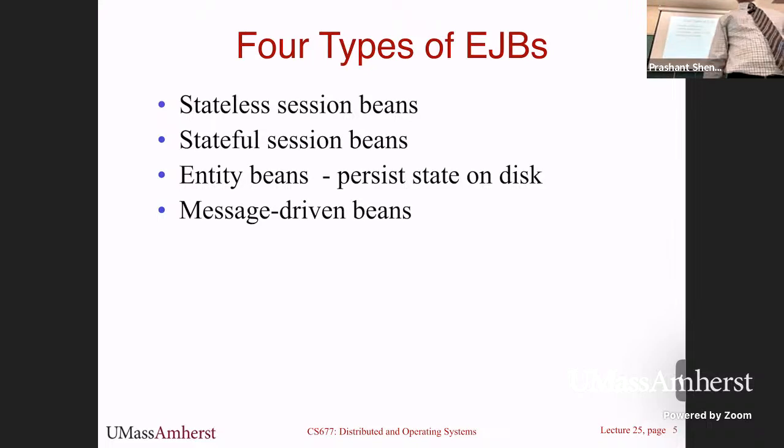Unlike your standard object in Java, here you have 4 different types. First is whether your object has state or no state. So you can have something like a stateless object called a stateless session bean. In this case, the object is created for the duration of a session.